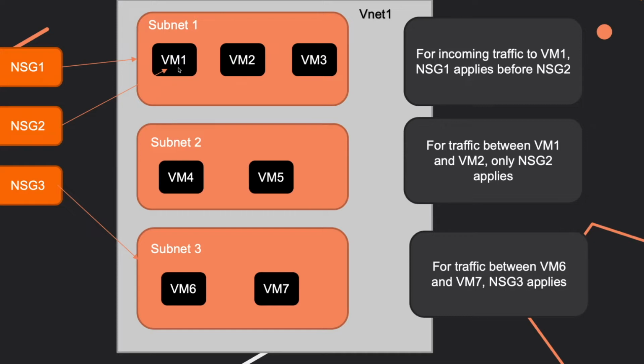You'll have to answer with yes or no. Then, for traffic between VM1 and VM2, only NSG2 applies. And for traffic between VM6 and VM7, NSG3 applies. So in this case, for the traffic between VM6 and VM7, you only have to consider NSG3.